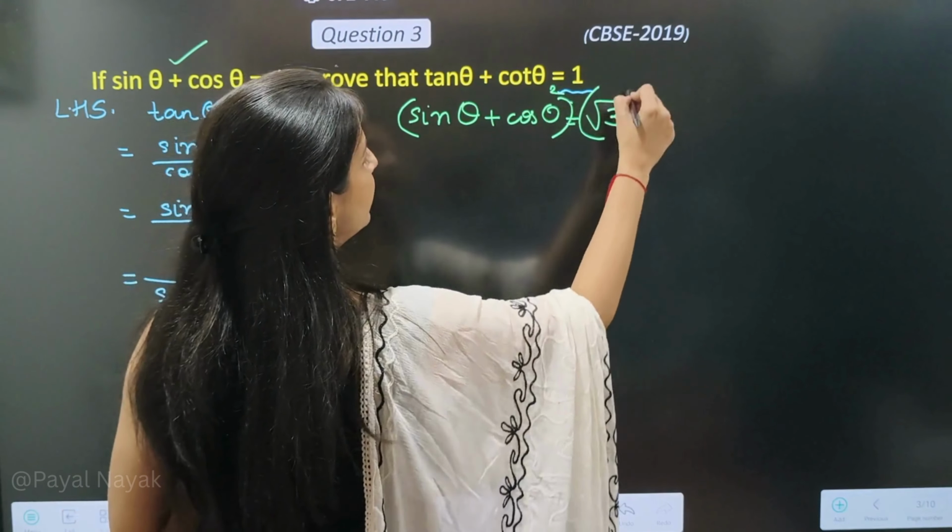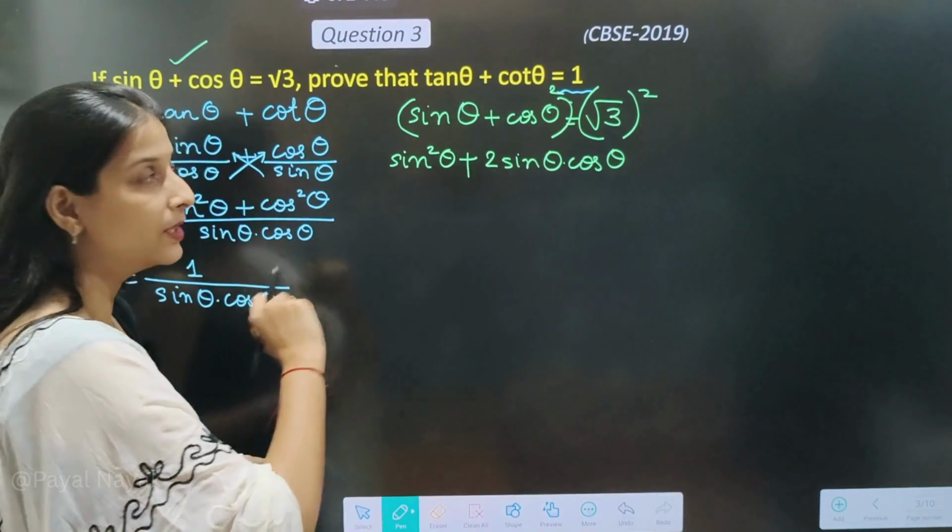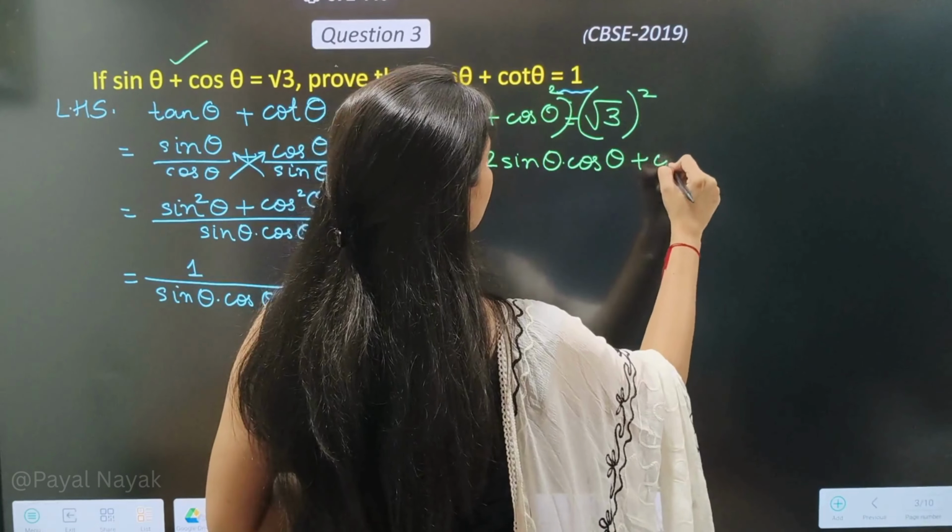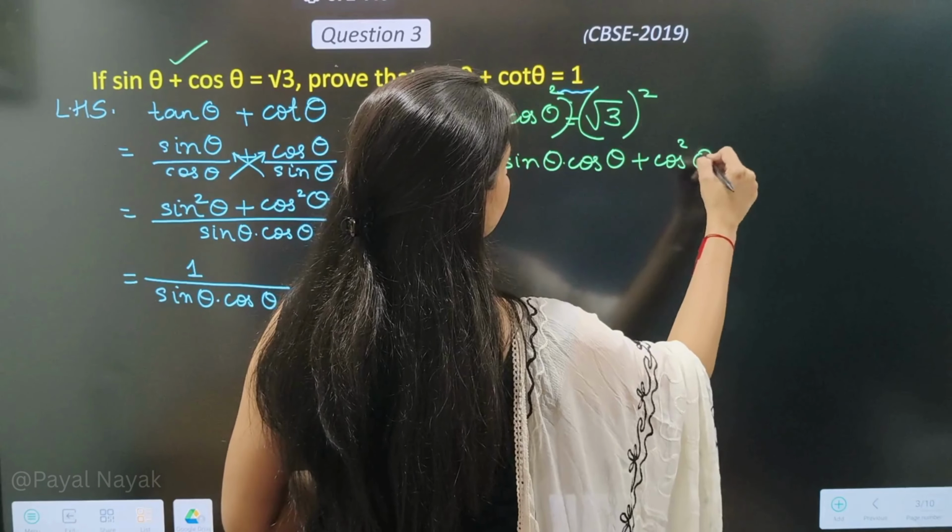If I just square both the sides, I can apply here a plus b the whole square identity. So it is a square plus 2 into a into b. So in this way I got your sine theta into cos theta term plus b square is equal to root 3 square is 3.